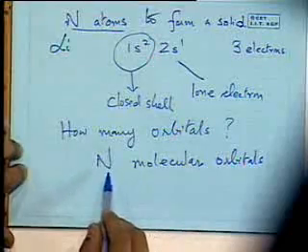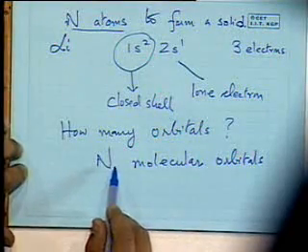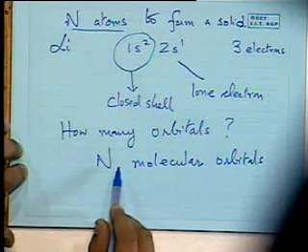If you go to per meter cube, probably you'll end up with 29. But 10 to the power 22 to 10 to the power 23 is the kind of numbers we are talking about. So if that many atoms are involved, we are talking of 10 to the power 22 to 10 to the power 23 orbitals that are formed by the bringing together of these atoms to form a solid.